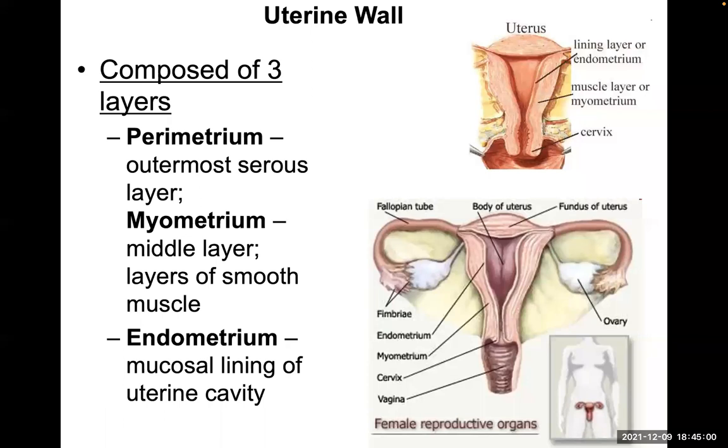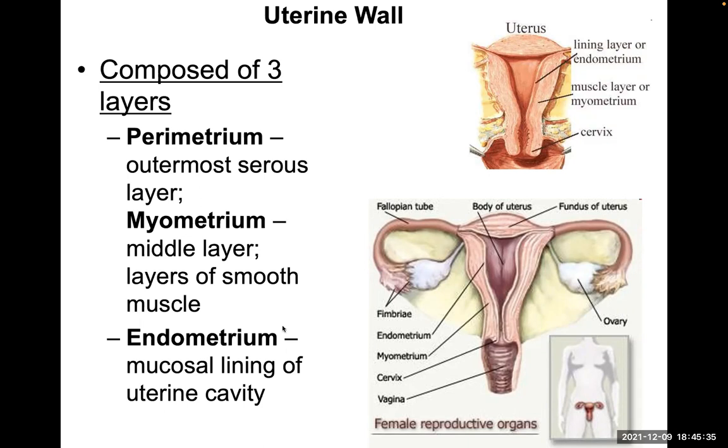So it's obviously not under voluntary control, but it's absolutely critical to allowing the uterus to do what it does, which is to not only incubate or accommodate a fertilized structure that can develop into an embryo and a fetus, but also, when that fetus is mature, that smooth muscle allows for contractions of the uterus, and those contractions are what push the fetus through the birth canal during the birthing process.